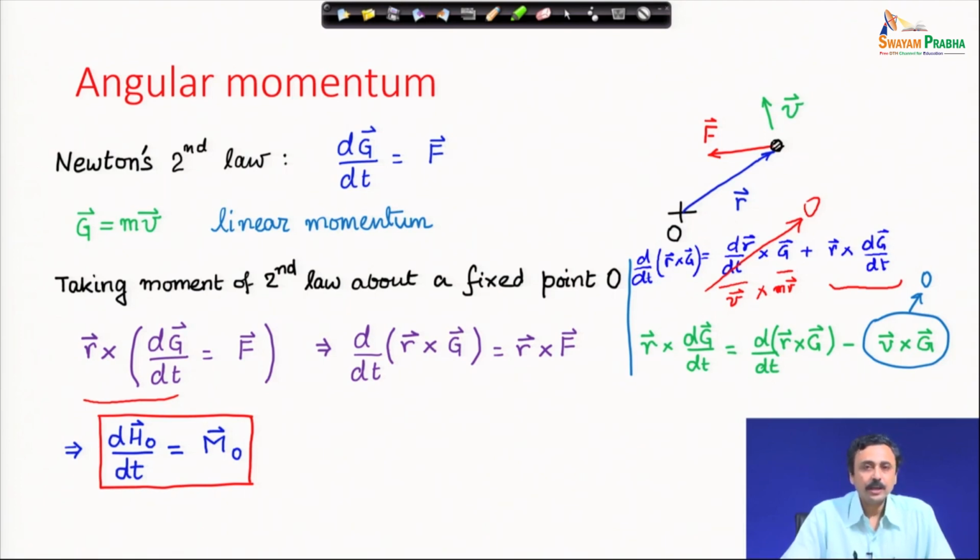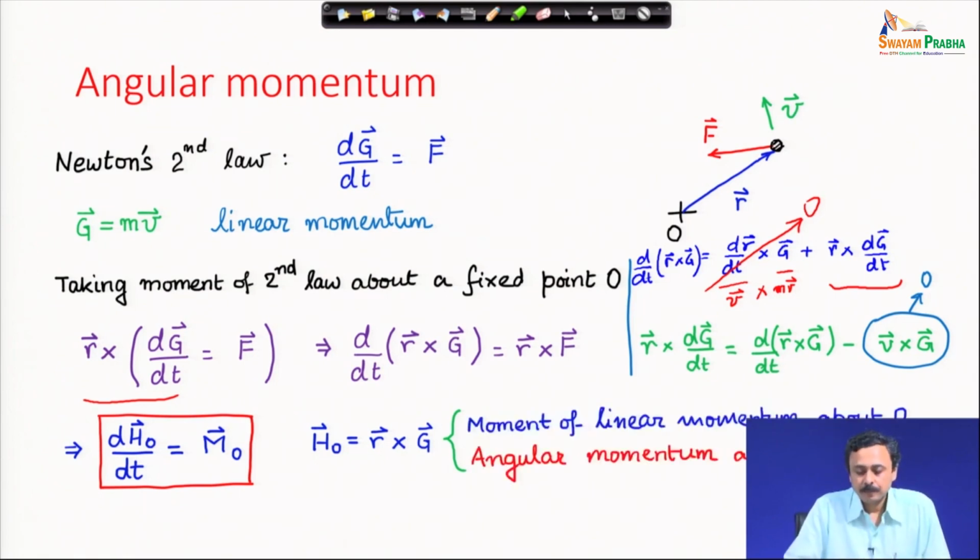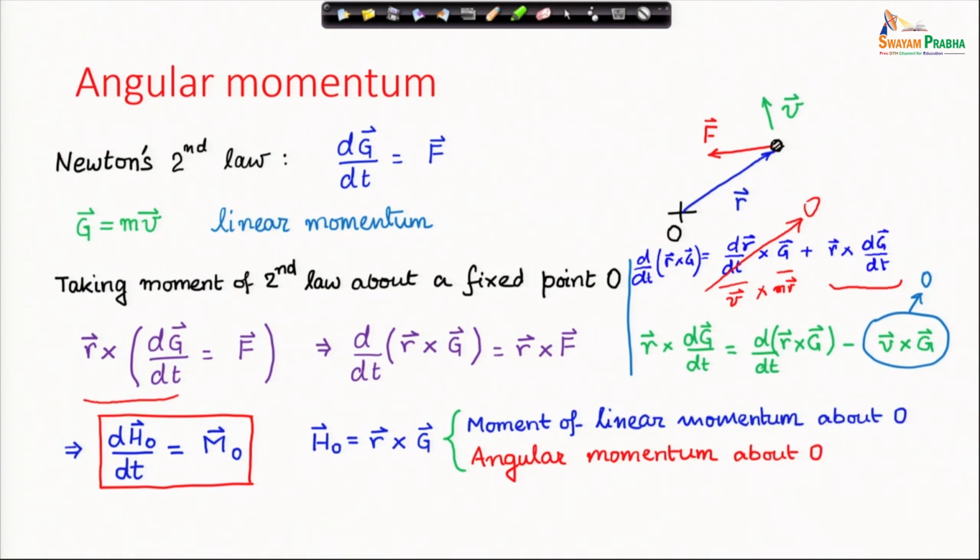What is H_O? H_O is the moment of the linear momentum about O. What is M_O? The moment of the force about O. Therefore, this H_O is a new quantity which we have now obtained by taking the moment of Newton's second law about a point. This is called the moment of linear momentum vector, or also commonly called the angular momentum vector. This is also a vector quantity, a cross product of two vectors.